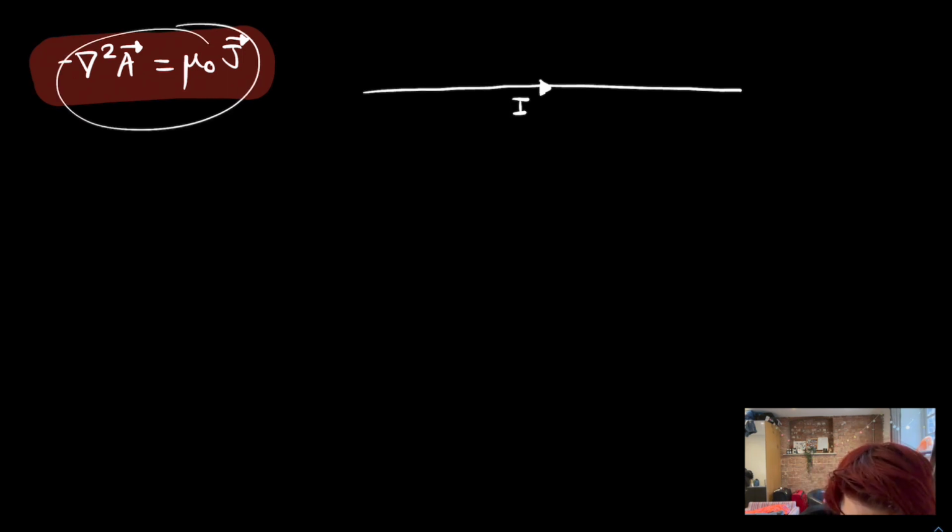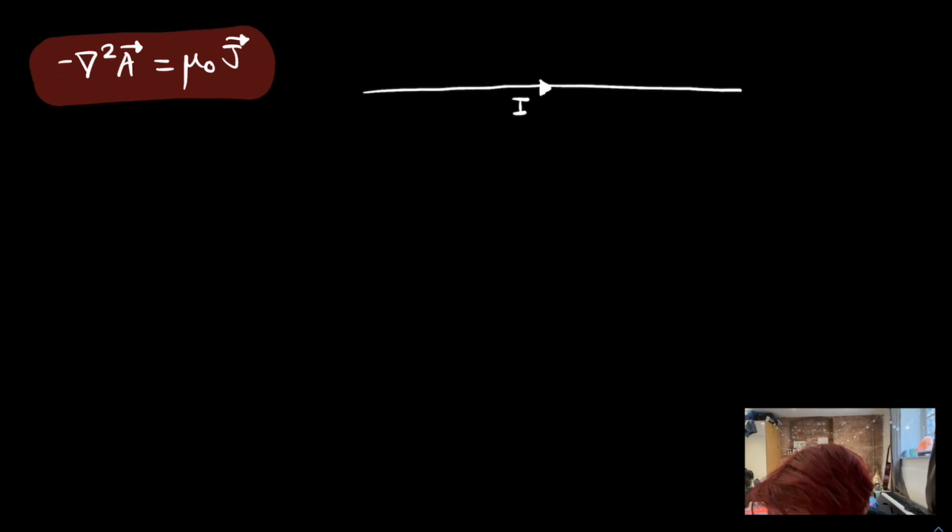Now let's go ahead and see if we can solve this Poisson equation in the case of a current carrying wire right here. So let's go ahead and draw out what we have. So we have a wire which is carrying a current right here, and we are going to see what we get when we solve this equation right here.